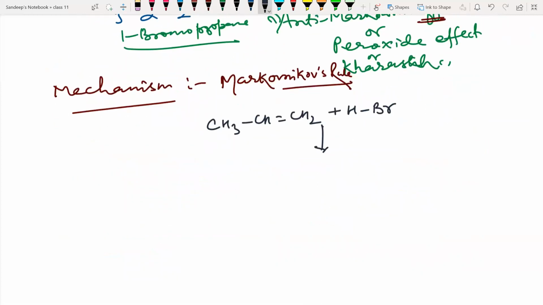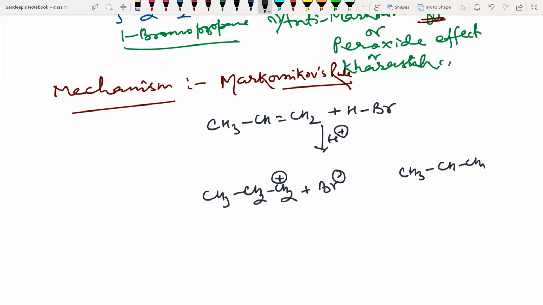What happens? H plus attacks. So it forms CH3CH2CH2 plus, or CH3CH plus CH3. This is 2-degree carbocation, and this is 1-degree carbocation.